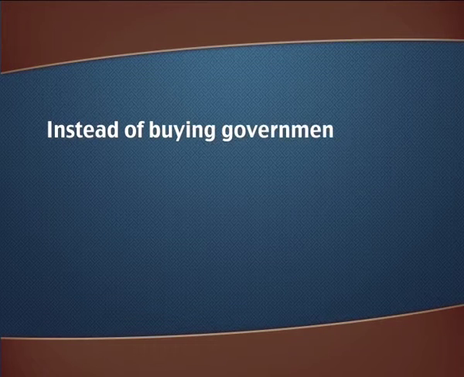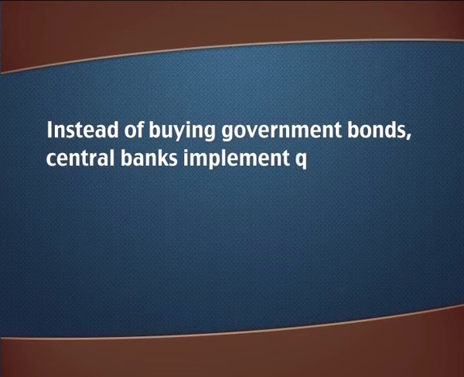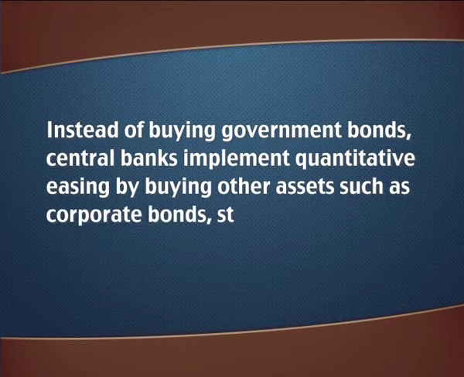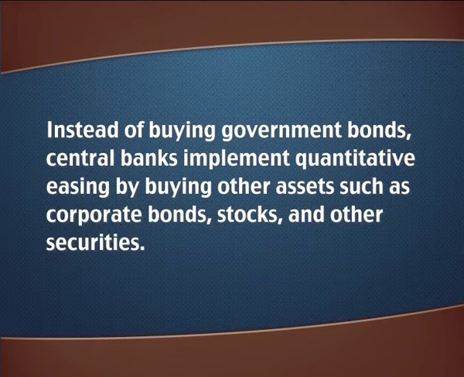Instead of buying government bonds, central banks implement quantitative easing by buying other assets such as corporate bonds, stocks and other securities. This lowers interest rates for a broader class of assets beyond government bonds.